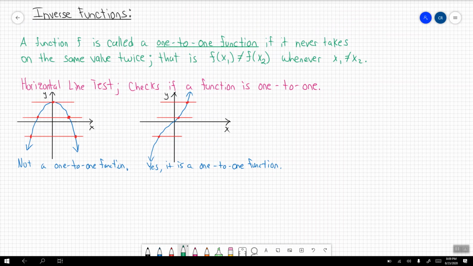What I want to do now is develop a more concrete definition for an inverse function.